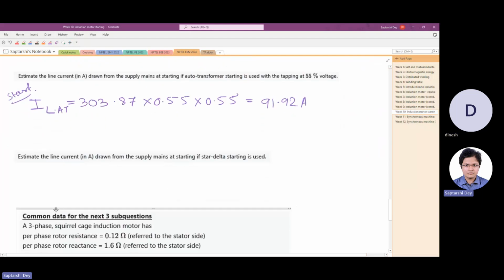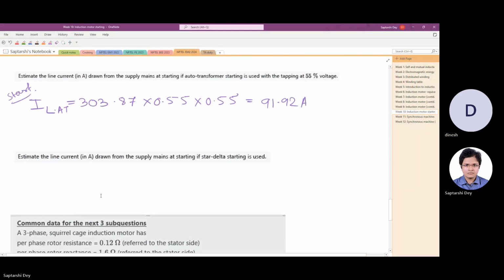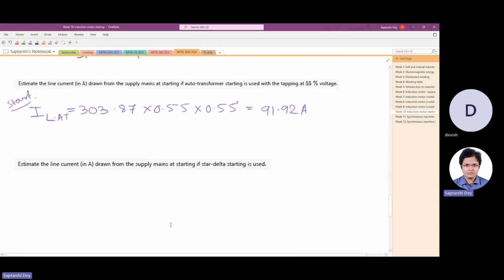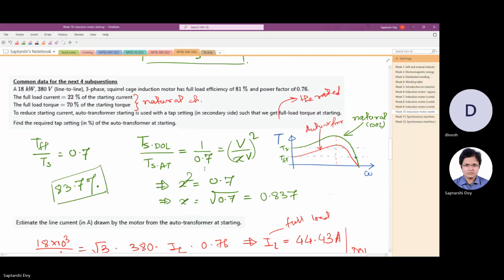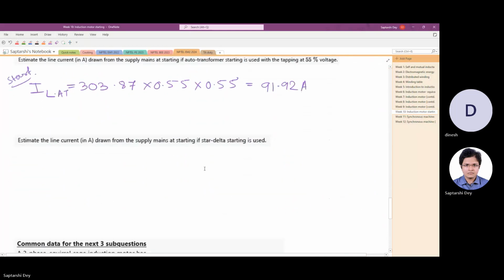The next question is, estimate the line current drawn from the supply mains at starting if star delta starting is used. We derived this. What did we derive? The current becomes one third, because the voltage becomes one third, so the phase current becomes one third.